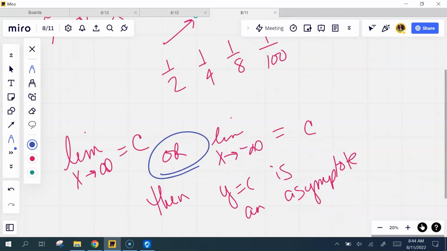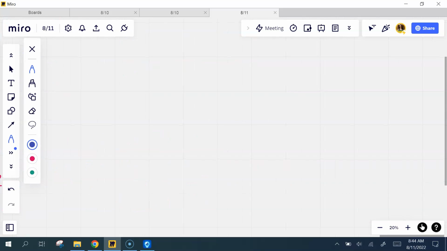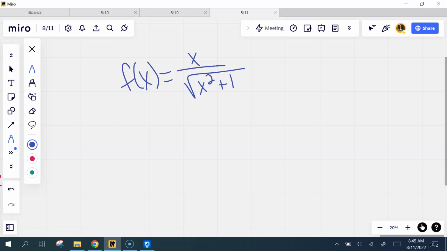Okay, let's look at one algebraically. Let's say I have defined f of x. I want you to find the limit as x approaches infinity, and then we're also going to find the limit as x approaches negative infinity.